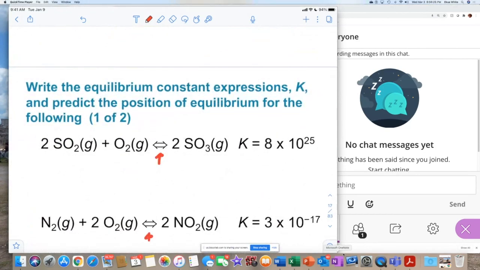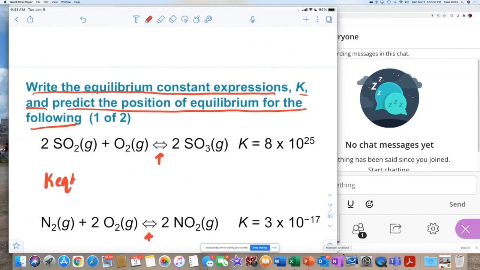Yay for good arrows. Okay. Write the equilibrium constant expression, we can do that, and predict the position of the equilibrium for the following. So K equilibrium is equal to our product here, SO3 raised to the power 2, over SO2 raised to the power 2, O2.